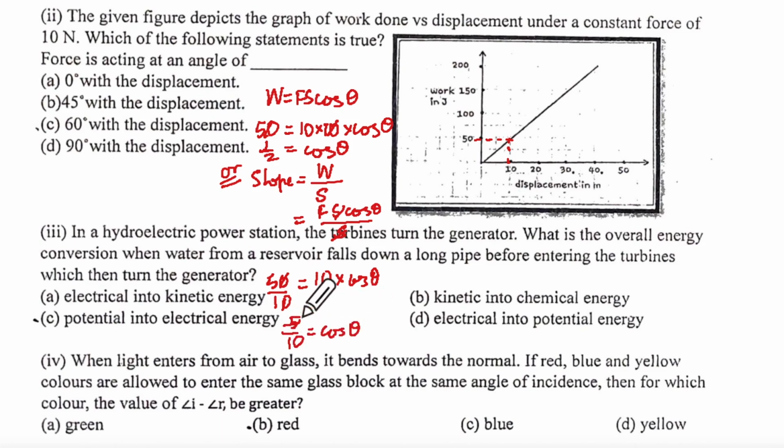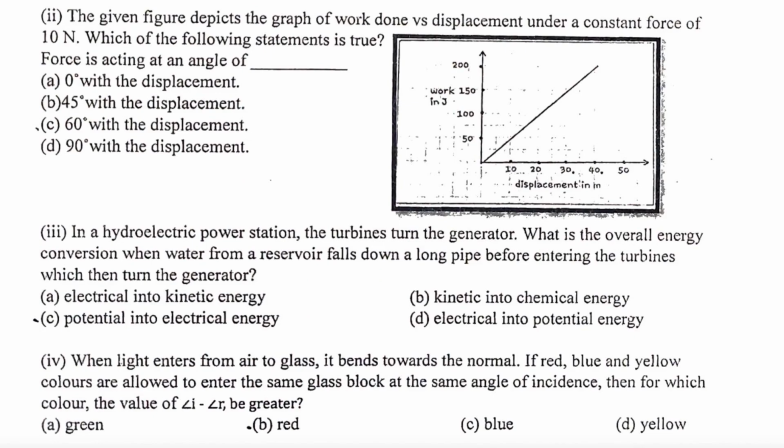Did you understand the two methods with which you could do this? So cos theta is equal to half, so theta is equal to how much? 60 degrees, because cos 60 is half. So an angle of 60 degrees with the displacement. This is correct. Understood? Yes, ma'am.